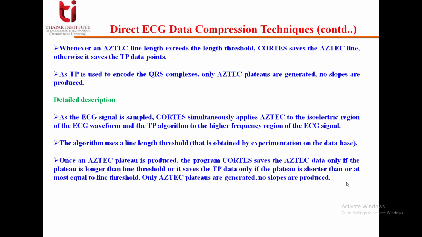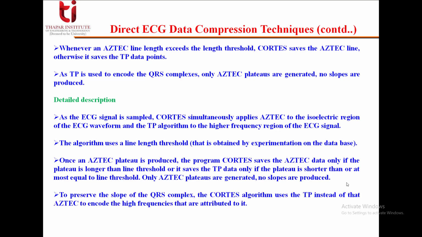Once an AZTEC plateau is produced, CORTES saves the AZTEC data only if the plateau is longer than the line threshold, or it saves the TP data if the plateau is shorter than or at most equal to the line threshold. So in this case, only AZTEC plateaus are generated and no slopes are produced.